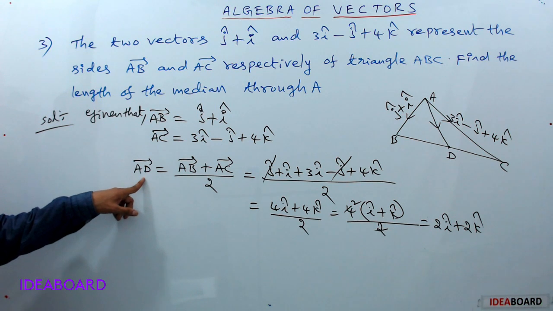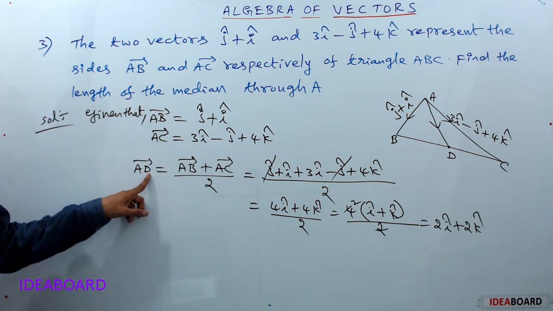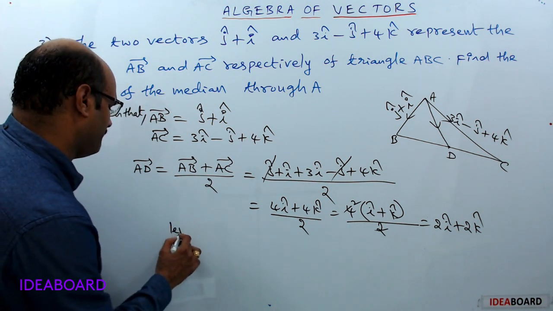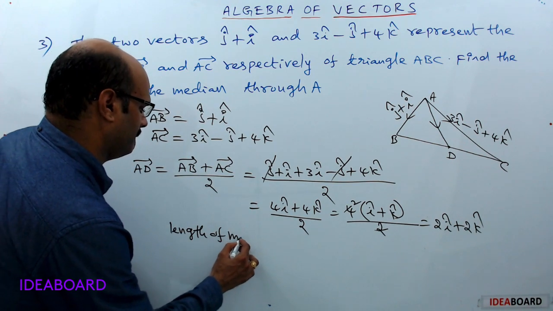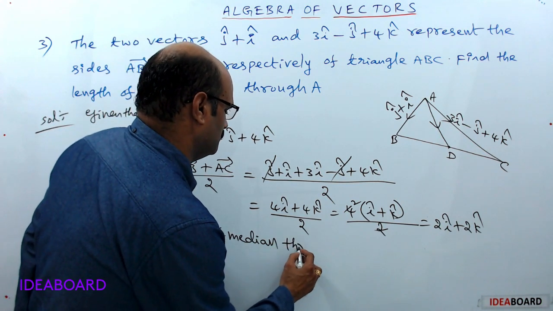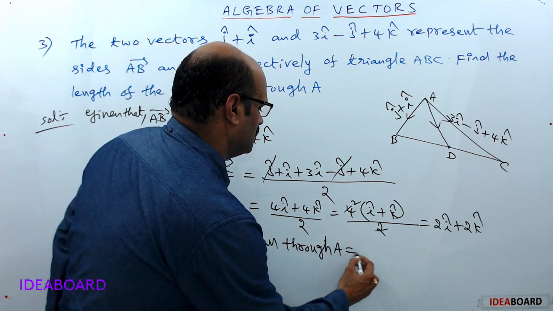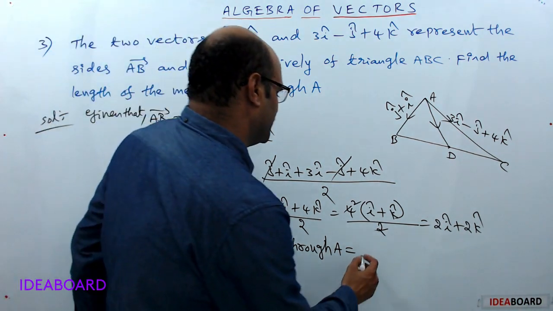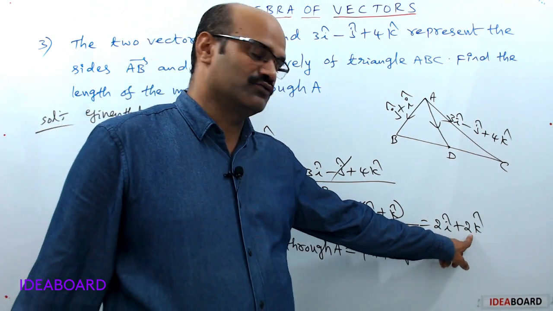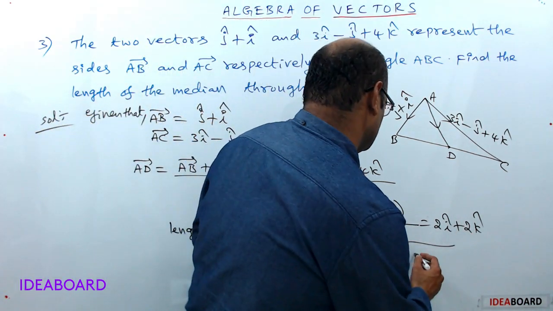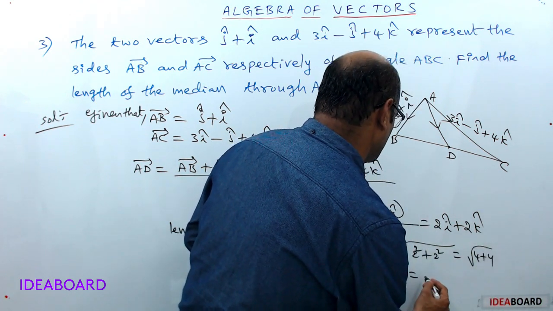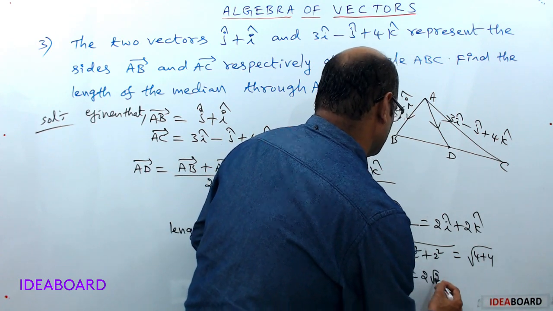Now we have to find the length of this median. Length of the median through A equal to magnitude of AD vector equal to square root of 2 square plus 2 square equal to square root of 4 plus 4 equal to root 8 equal to 2 root 2.